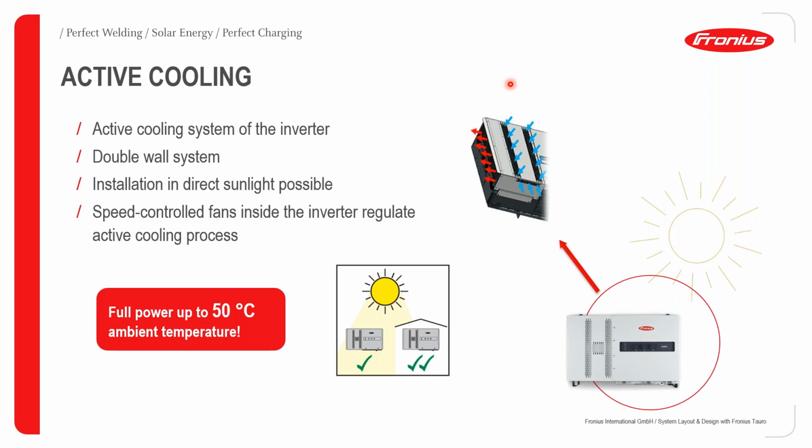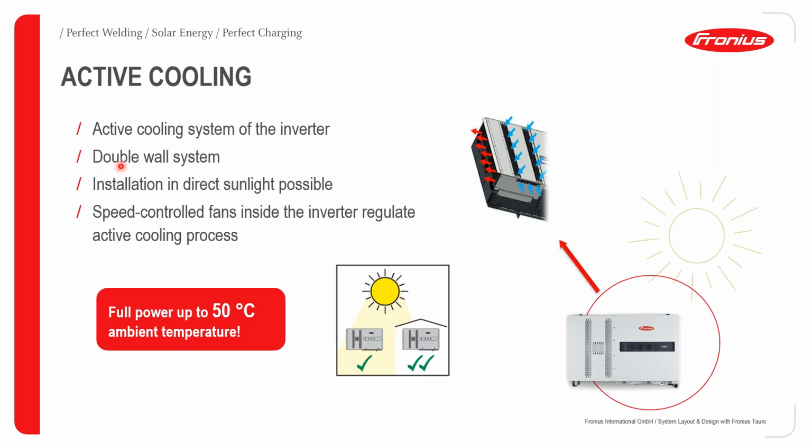And therefore that makes the inverter already in terms of performance, way better than any inverter that is doing convection cooling. On top of the active cooling, we also have the double wall system that the Tauro has employed as a design factor. So the entire front cover is comprised of 2 walls.